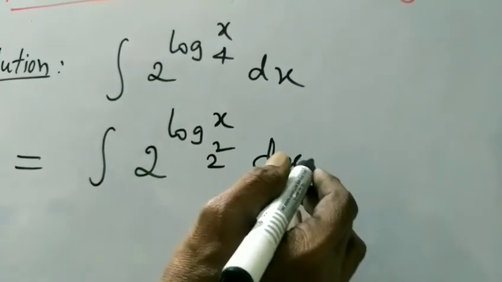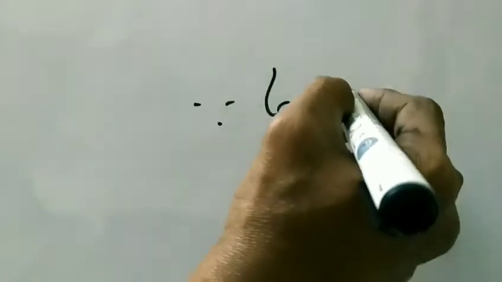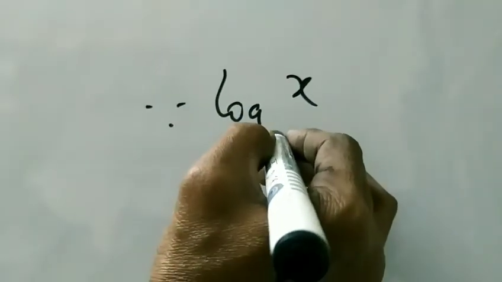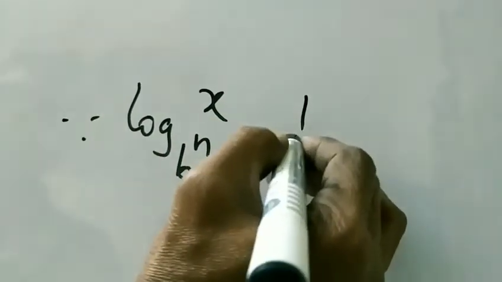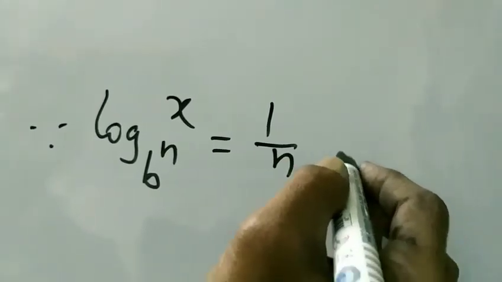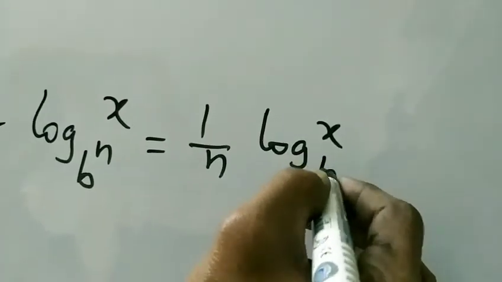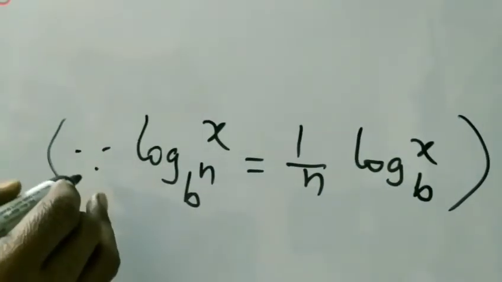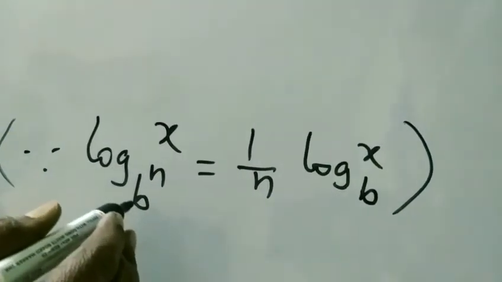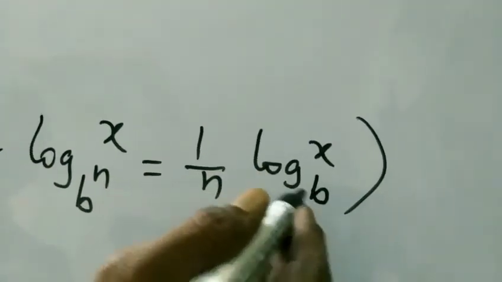Based on this, we already know that log x to the base b to the power of n is equal to 1 by n into log x to the base b.